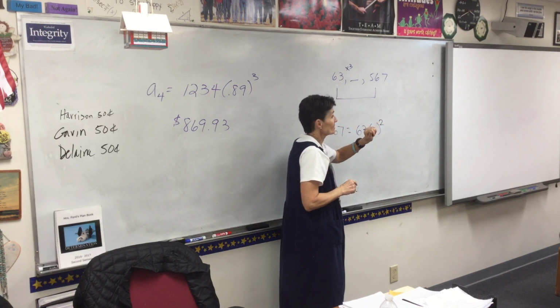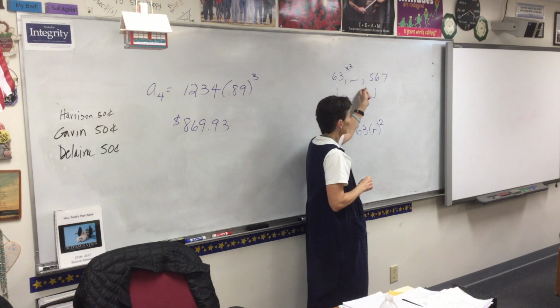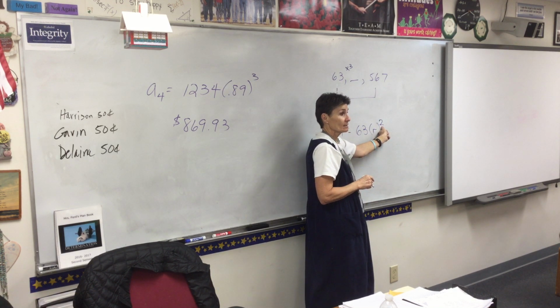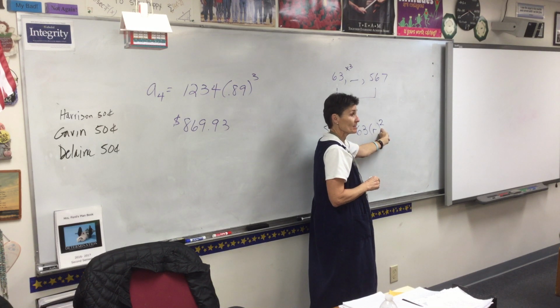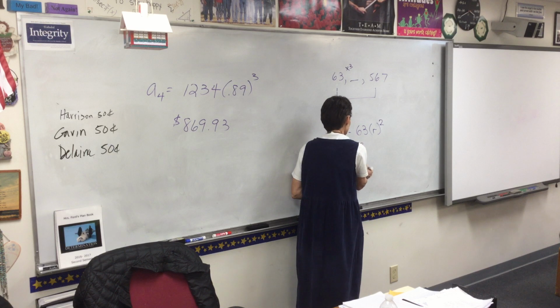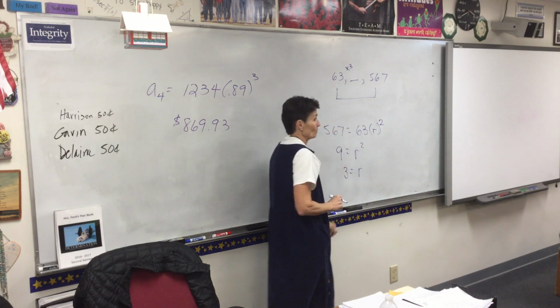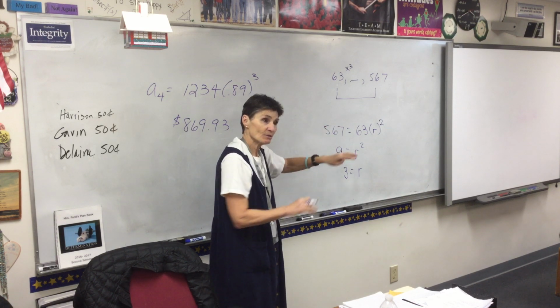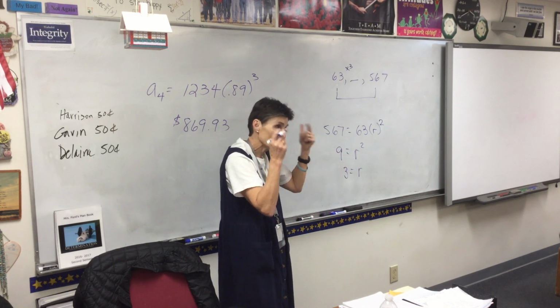Now, why is it to the second? Well, how many terms are up here? 3. And this is always 1 less. So since there's 3 terms, that's got to be a 2. So I'll divide by 63 and take the square root, and r equals 3. That is the math. If that's confusing to you, don't do it. Figure it out in your head the way we did.